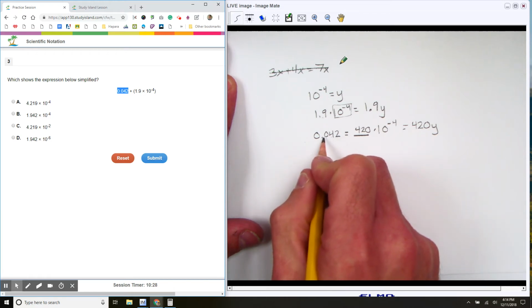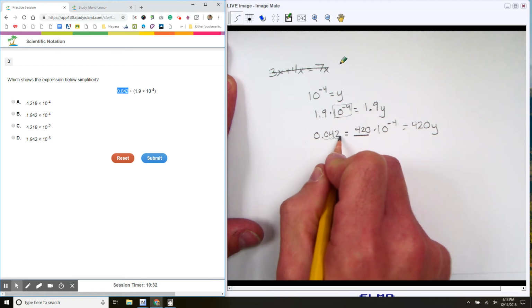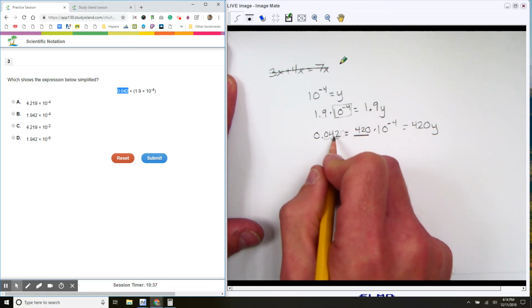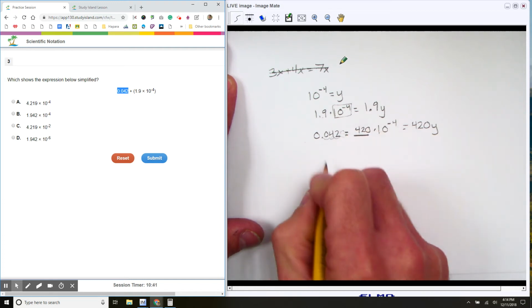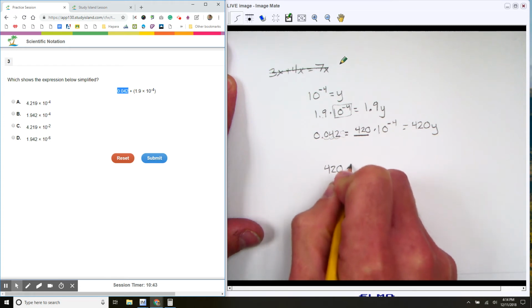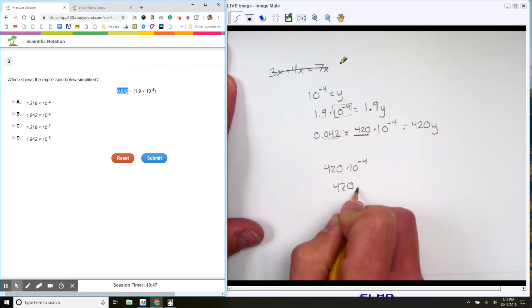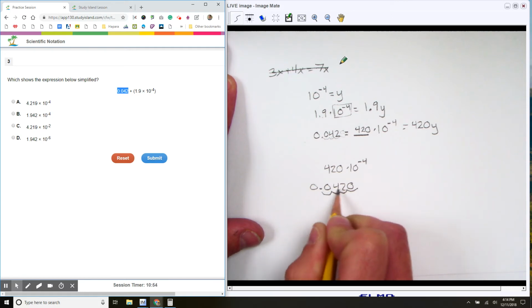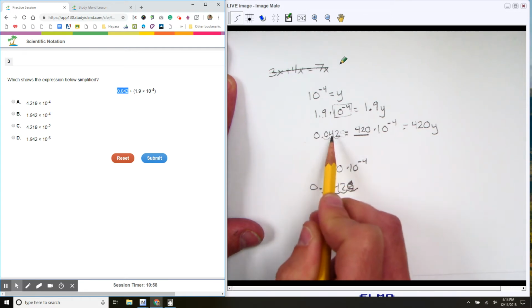I can figure that out by going backwards and going to the right 4 spaces. When I do that, 1, 2, 3, I'm left with the 42. I've got one more space, that would be a 0. So it'd be 420, then the decimal place. And here it is, 420. If I have 420 times 10 to the negative fourth, I could go backwards from 420, 4 decimal places, 1, 2, 3, 4, get my decimal place there, and I get my 0.042. I don't need that extra number on the end; it's useless at that point.